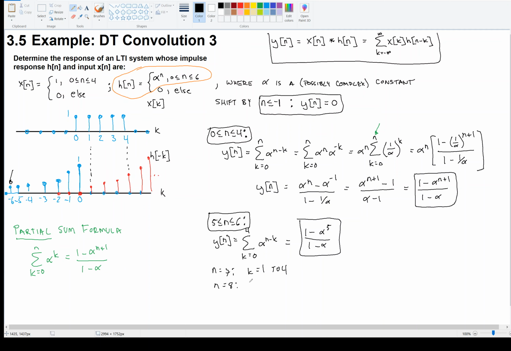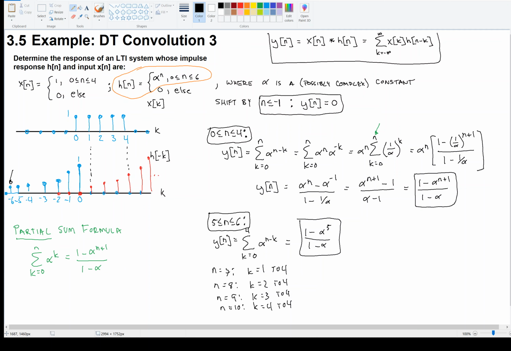Okay, so then I would be adding from 2 to 4. And when n is 9, that would bring the minus 6, that back edge, all the way up to 3. So this would be k equals 3 to 4. And when n is 10, I would be going from k equals 4 to 4.